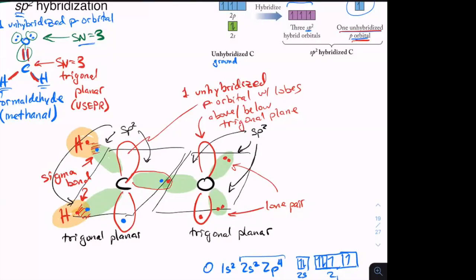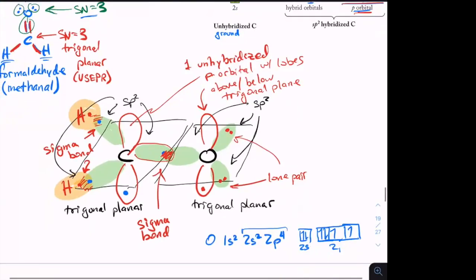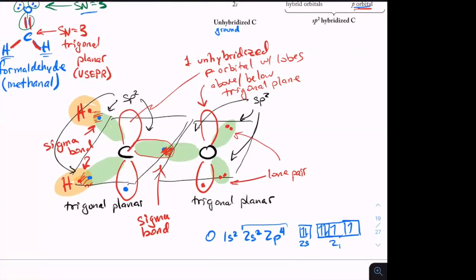Bringing them together, now we have another area of shared overlap between those 2 sp2 hybrid orbitals. This is also a sigma bond. Any sigma bond, you can form it a number of different ways. Here's an example of a sigma bond formed by the overlap of 2 sp2 hybrid orbitals.